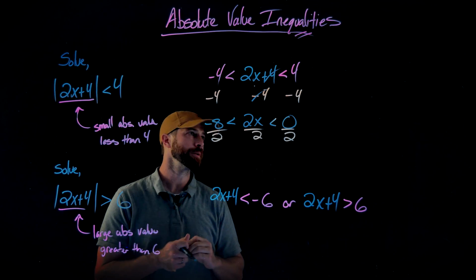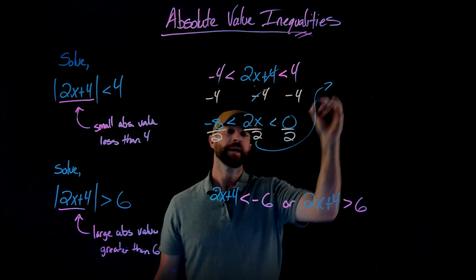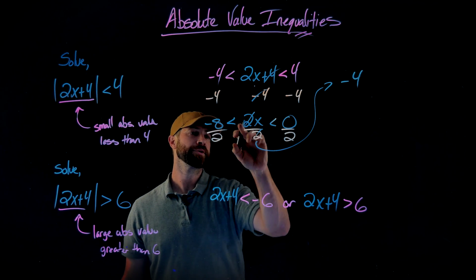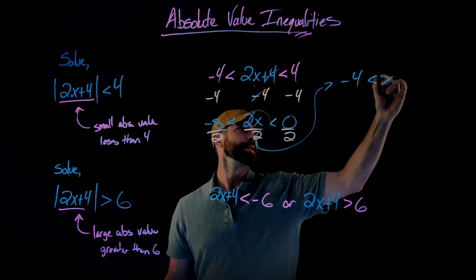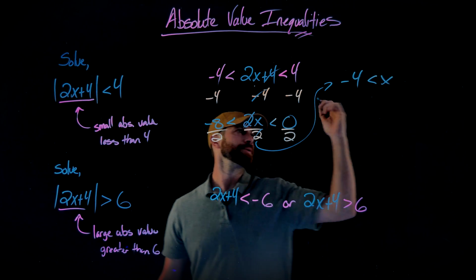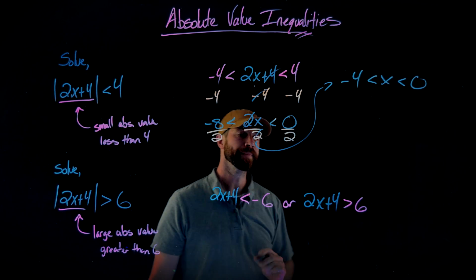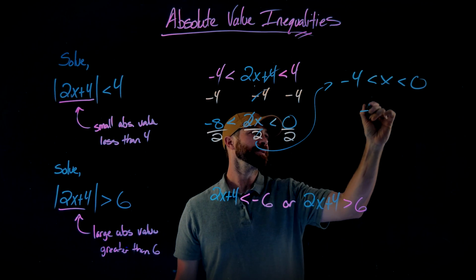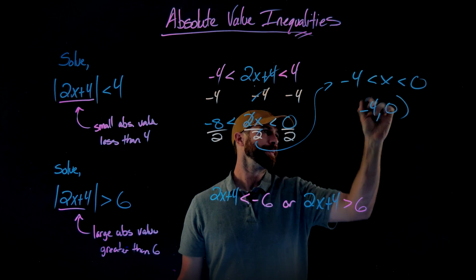I'll put my solution set over here. Negative 8 divided by 2 is negative 4. The 2's cancel each other out to get an x, and then 0 divided by 2 is just 0. This is my answer as an inequality. In interval notation, this would be negative 4 to 0.